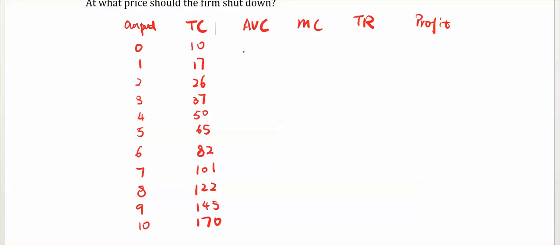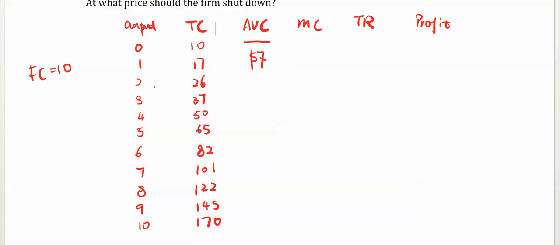So now we need to calculate the average variable cost. So how can we get the average variable cost? First, we know if we have 0 output and the total cost equal to 10, so the fixed cost equal to 10. So which means when we have 1 output, the variable cost equal to 17 minus 10 divided by 1, so we got $7.